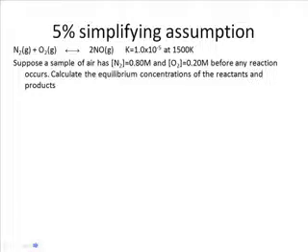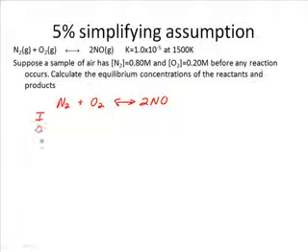Here we have, I'm going to write this. Again, please notice how I'm doing the same exact thing every time as far as the way that I approach these problems. We always just set up your ICE diagram. I'm going to write my equilibrium expression. This time I know what K is, so I'm going to put it in there.